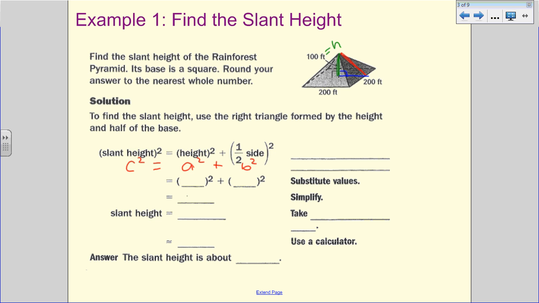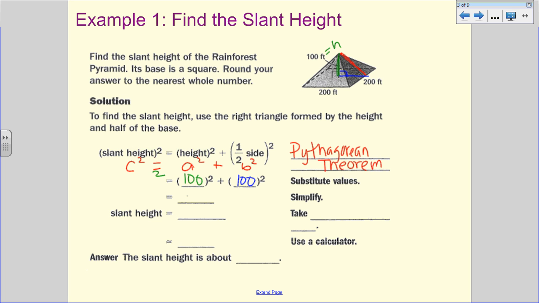And we just used that recently for one of our problems. All right, so we're going to plug in what we know. The slant height is our unknown, so that's going to stay C squared. The height was that 100 feet squared, and half of the side, so we're only going from the middle out to the edge, is 100 squared.